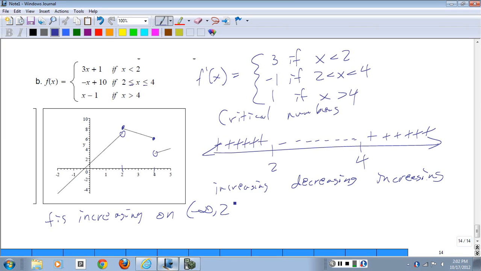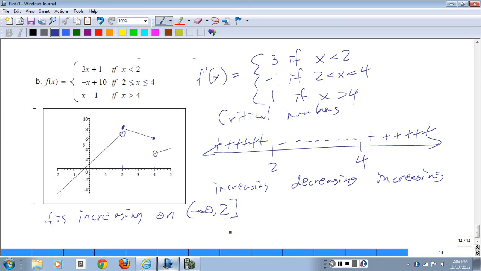Can I include the 2 in the interval where it's increasing? Well, it's weird. If the dot were here, I would say no, because it's a jump down from an interval where it's increasing. But it's still going up, even though there's a clear discontinuity. It's a jump up from an interval where it's increasing. And so for that reason, I'm going to say yes.